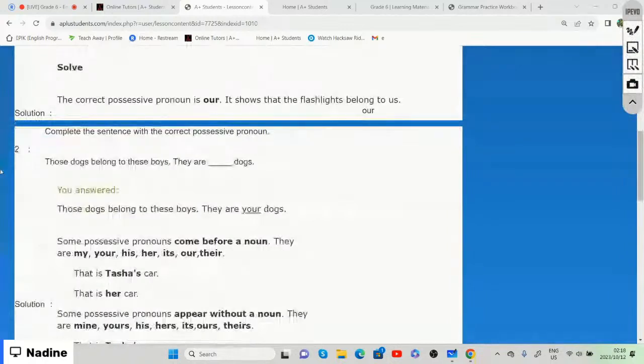All right, let's complete the sentence with the correct possessive pronoun. Those dogs belong to these boys. So if it belongs to these boys, then we can say they are whose dogs?